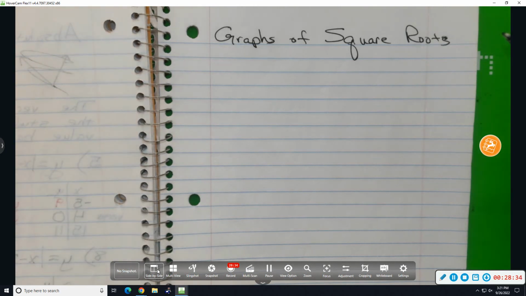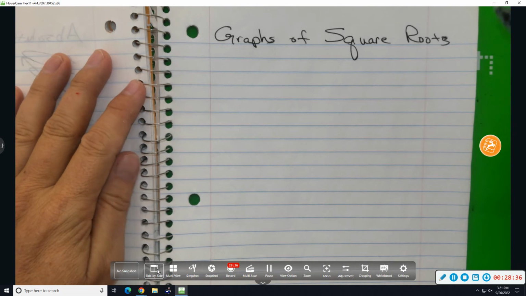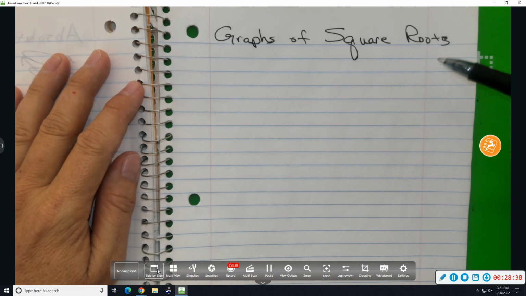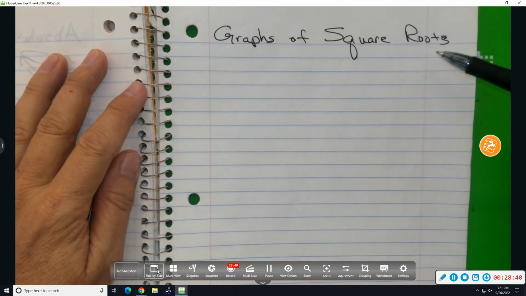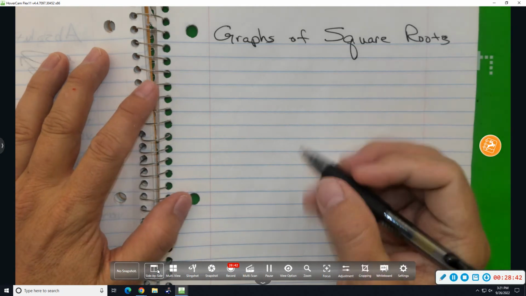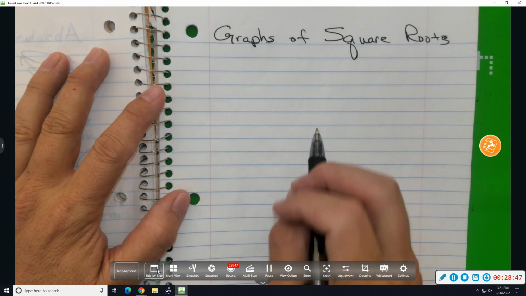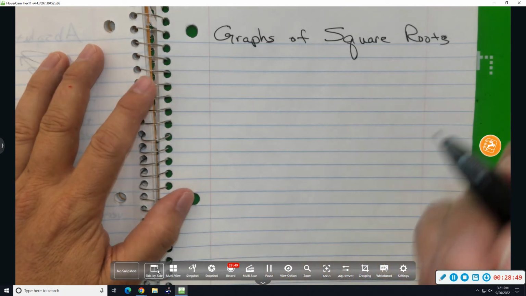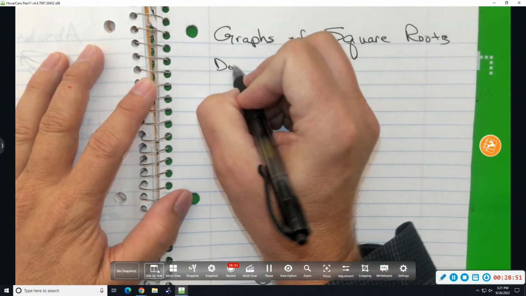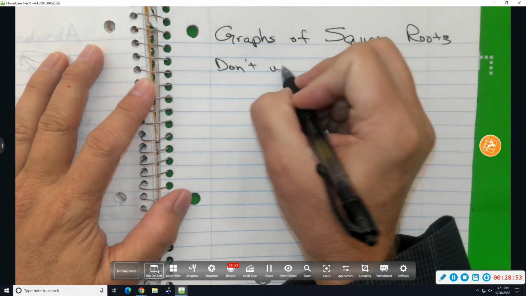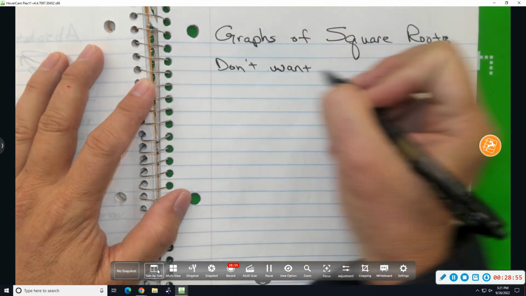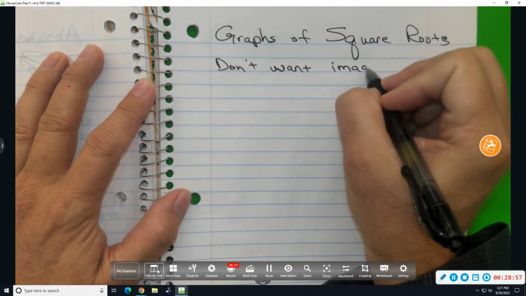There's no graphing tool embedded in this algebra book for square root graphs, which means it'll just be multiple choice problems, okay? The approach that I take for these is similar to what I do with absolute values. I ask myself, when is the inside stuff equal to 0? Because remember, you don't want imaginary y values.